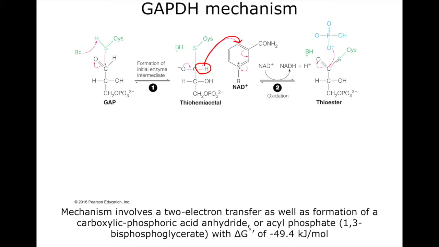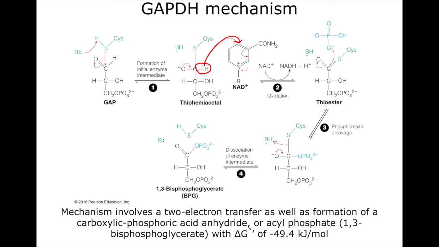Now that phosphate joins on here, and then essentially, again, we won't go through all the steps here, but we cleave that bond and we end up with our 1,3-bisphosphoglycerate, where we added the phosphate on here, and that came from an inorganic phosphate. So that's important to appreciate because it's a very unique step.